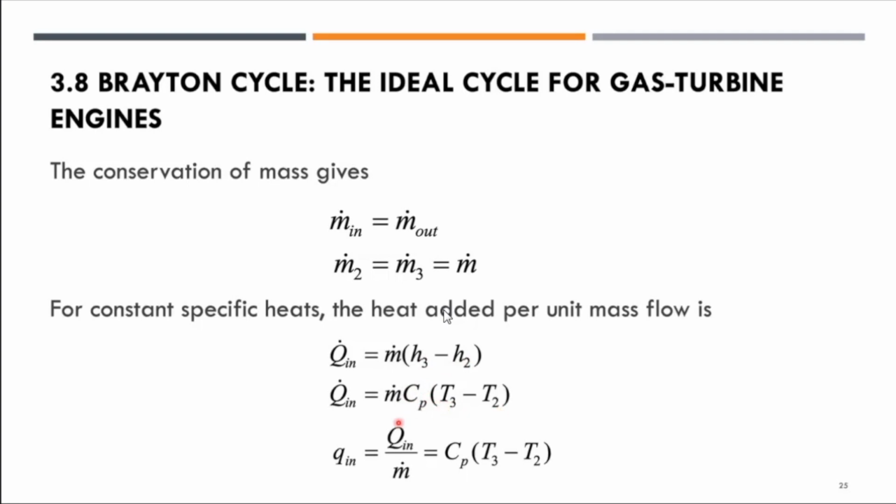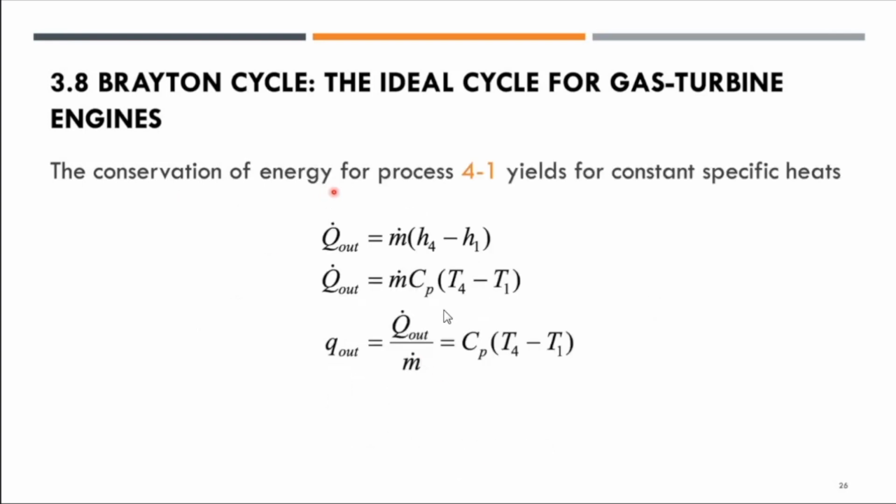You can write this down, and you get the expression of Q in, which is equal to the specific heat capacity Cp times the temperature difference between T3 and T2, and this is where the temperature is raised from the outlet of the compressor to the combustion chamber.